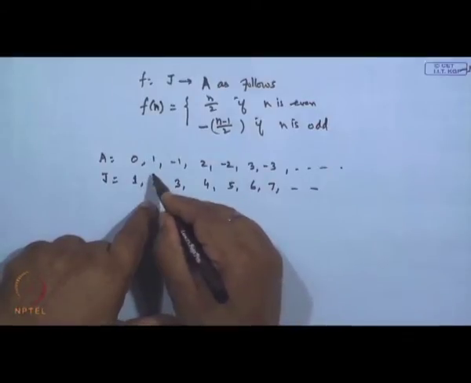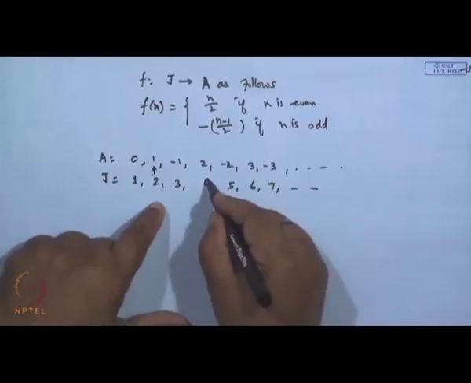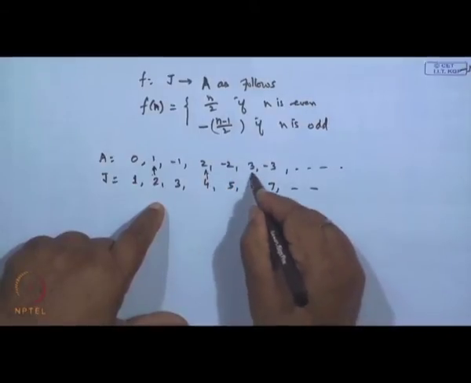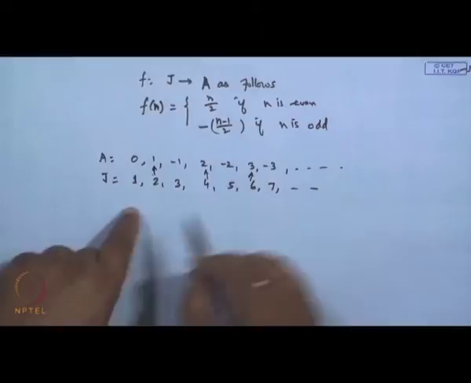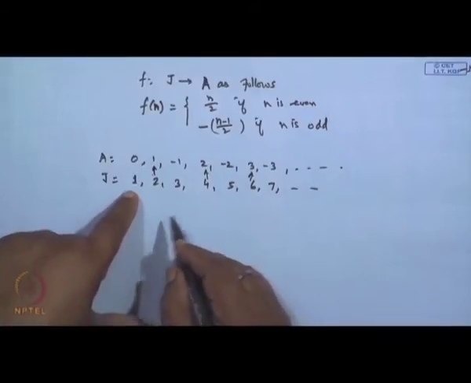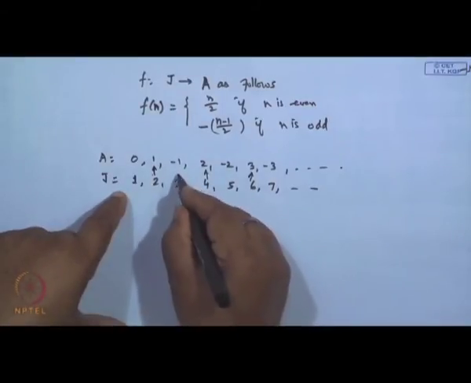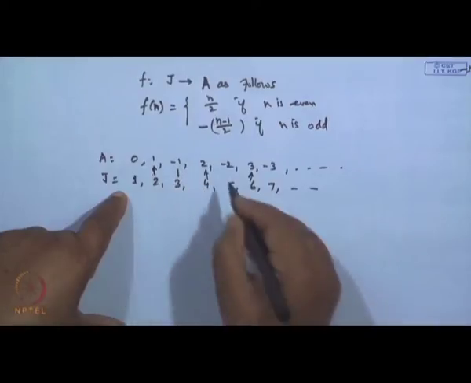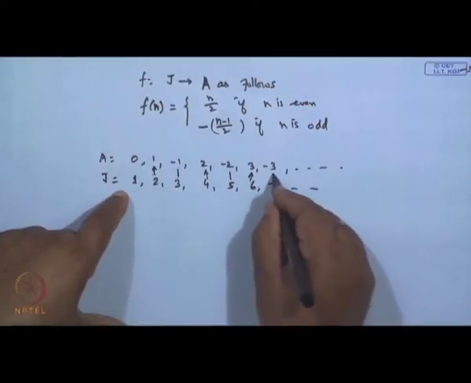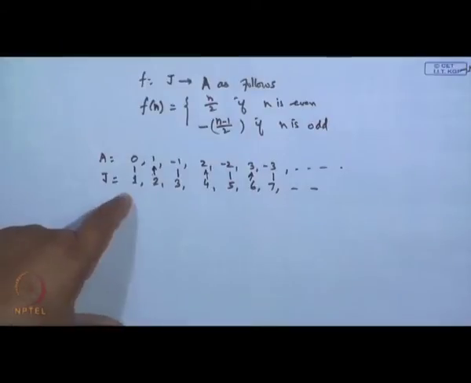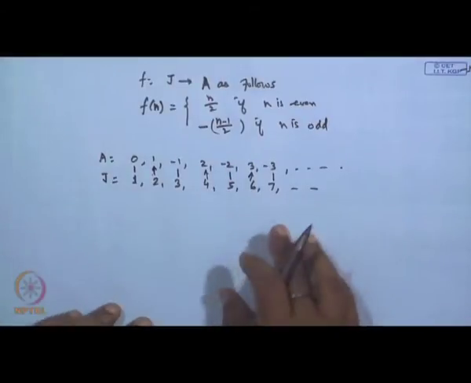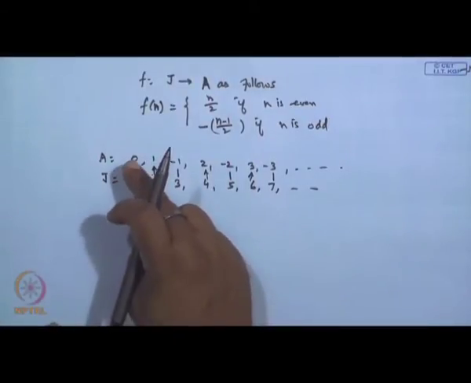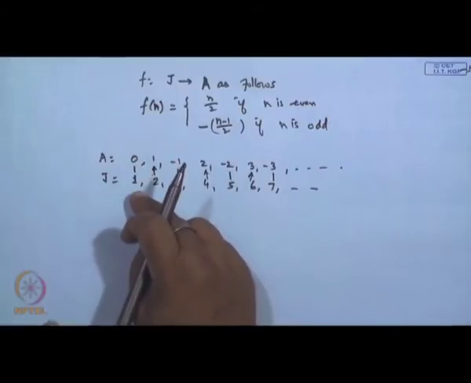So, this is related to here. Then 4 will go to here, 6 will go like this, and when n is odd, you get this thing, and of course, 1 will go to 0. So, there is a 1-to-1 correspondence between the elements of the set A and set J.